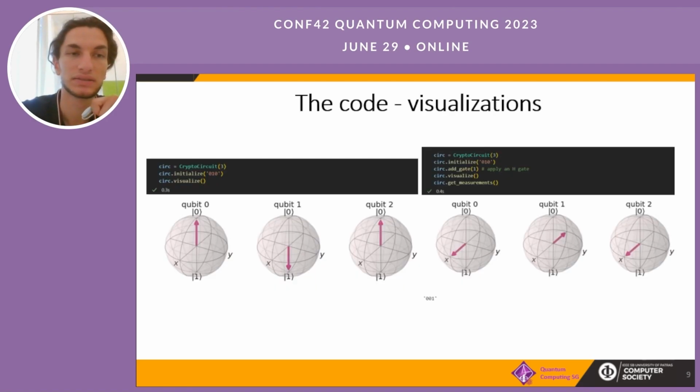Here I have added a simple example of a circuit to make it easier to imagine how the circuits would look like. This one comprises only 3 qubits, representing the bits 0, 1, and 0, as it can be seen if we read the visualization. And on the right, I have added a Hadamard gate on the circuit.